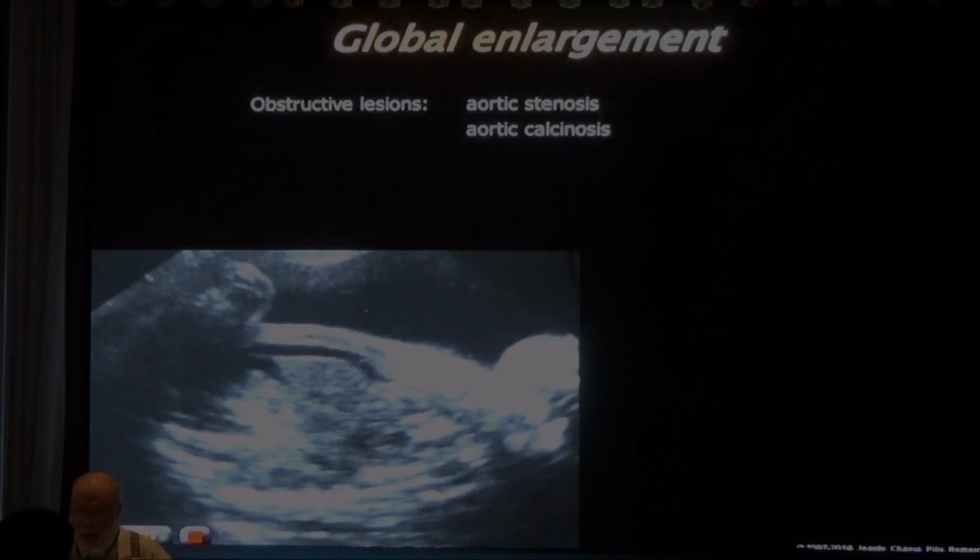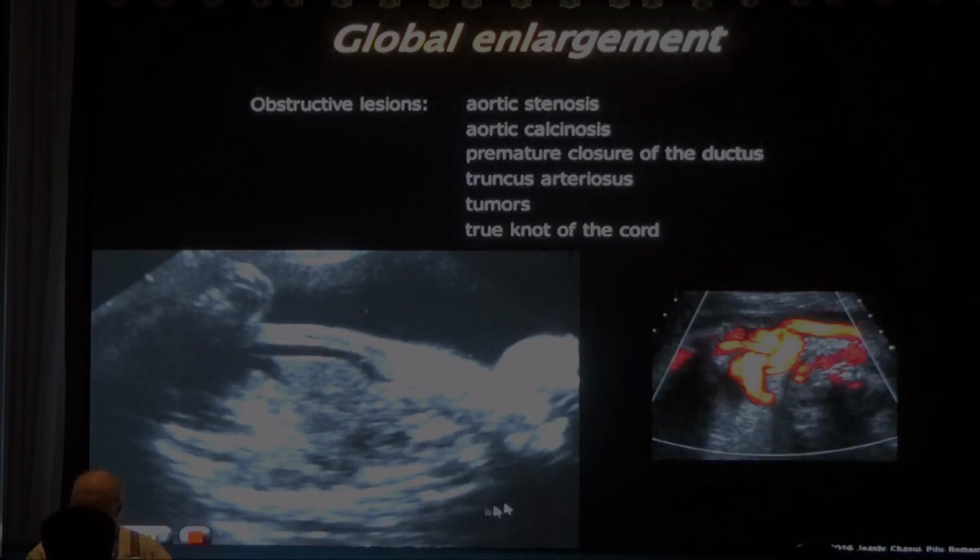This baby has an aorta which is completely calcified, so it doesn't expand during systole. It's like a fixed pipe. This is like atherosclerosis in adults, but it's a recessive condition, so you can anticipate it. And since the aorta does not distend, it will increase the resistance, and the baby will develop an enlargement and hydrops.